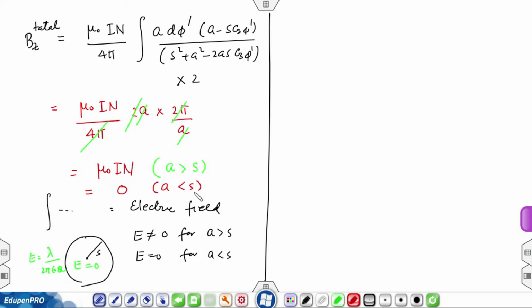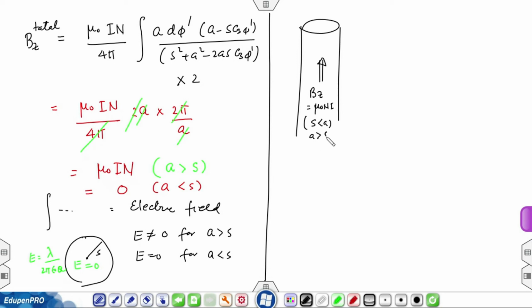What does it mean? So, when I have this solenoid, there is a z component of the field B z, which is mu naught n I inside, because I have s less than a, or a greater than s, and B z is 0 outside, because here I have a less than s, or s greater than a.